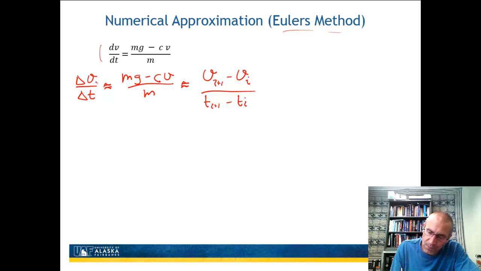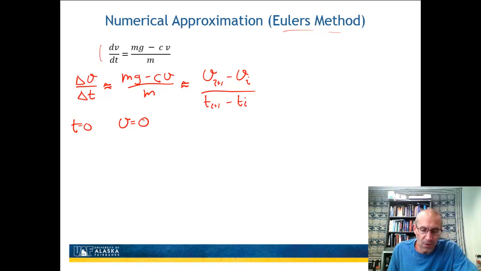Now, remember my initial condition: at time t equals 0, v is equal to 0. I'm going to do this for time equal to the first increment, delta t, and I'll call that v sub 1, with v sub 0 for the first time.